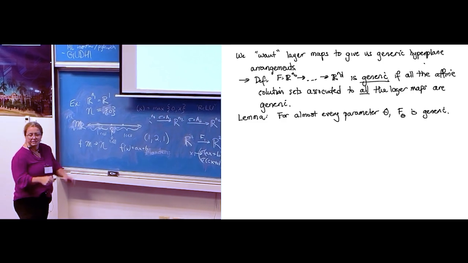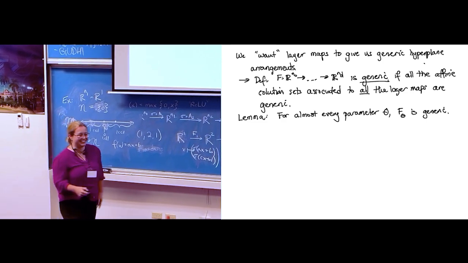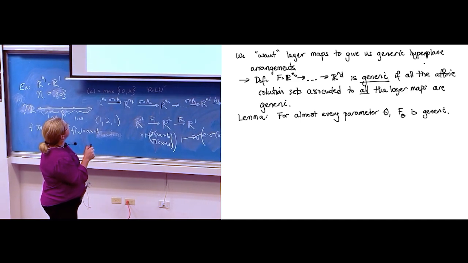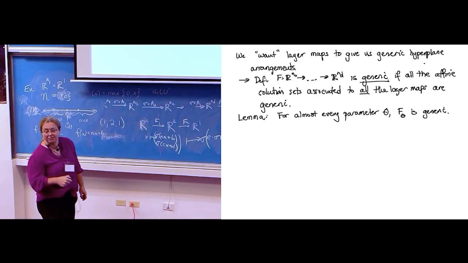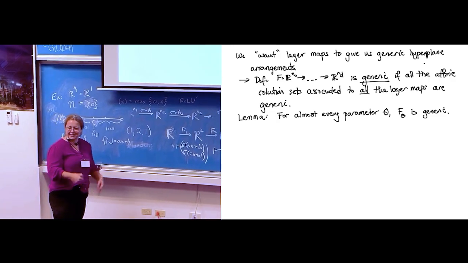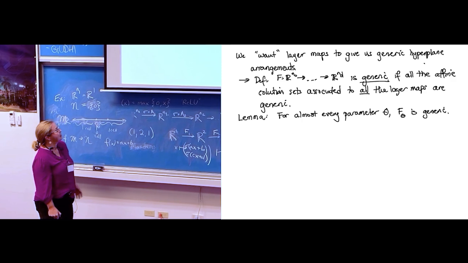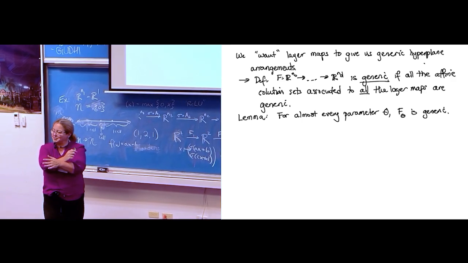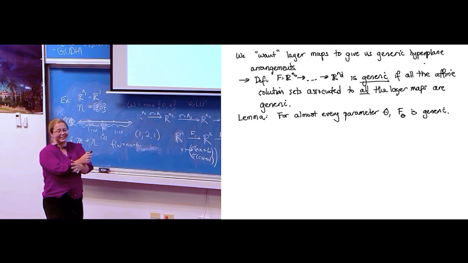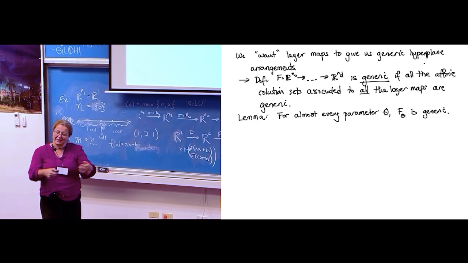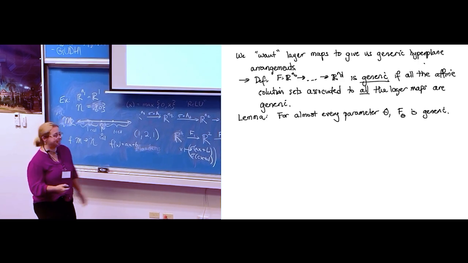So it's just nothing bad happens at any layer. Is this a common thing? Yes. In fact, for a full measure set of parameter values, this is the case. Basically because having anything go wrong, you can express as an algebraic equation, and that algebraic equation has a solution set that has measure 0.